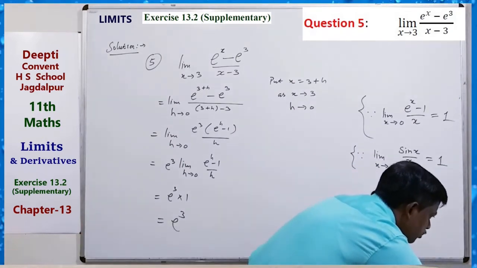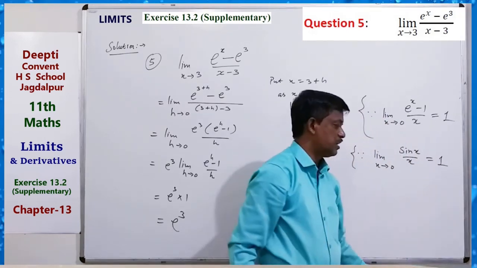And the remaining questions: one question is there, 6, 7. Here, log of 1 plus 2x by x.